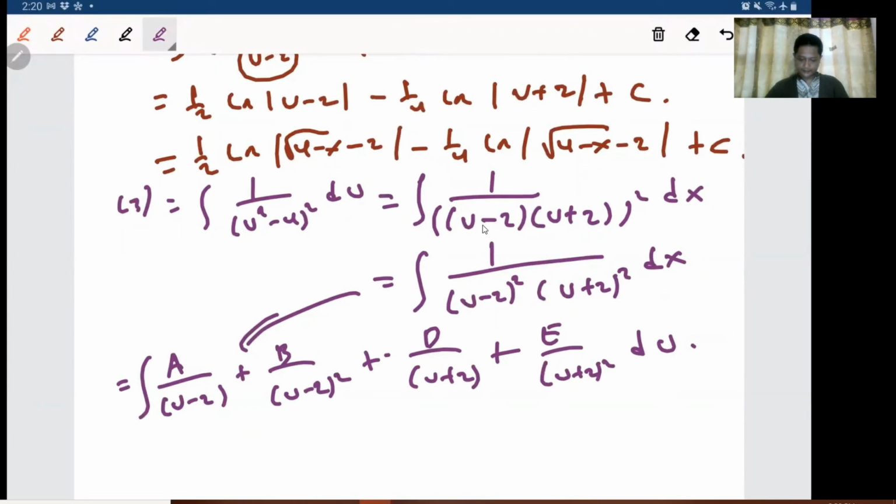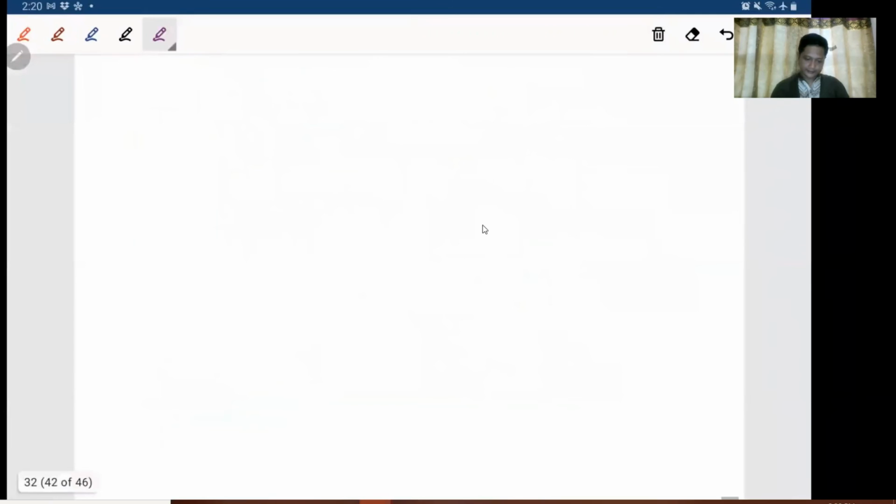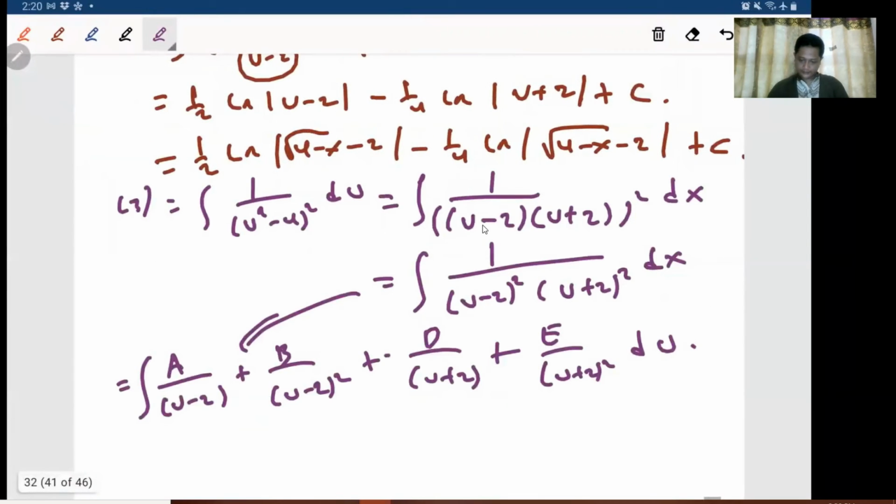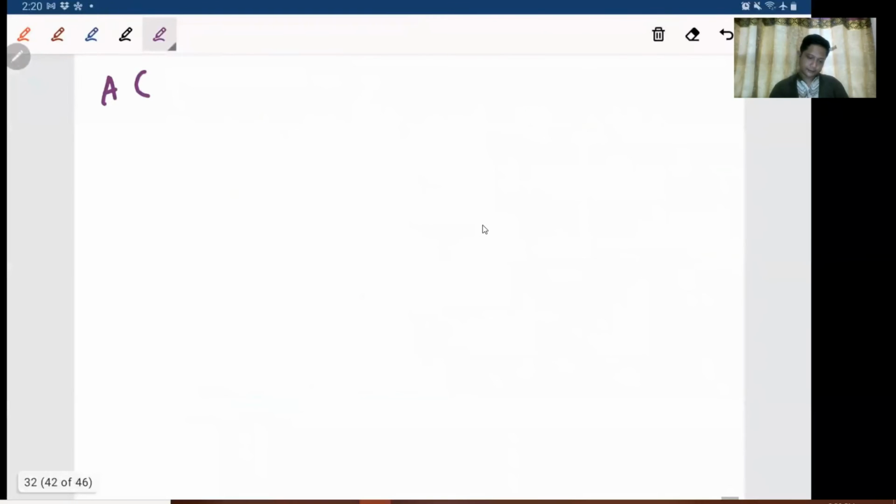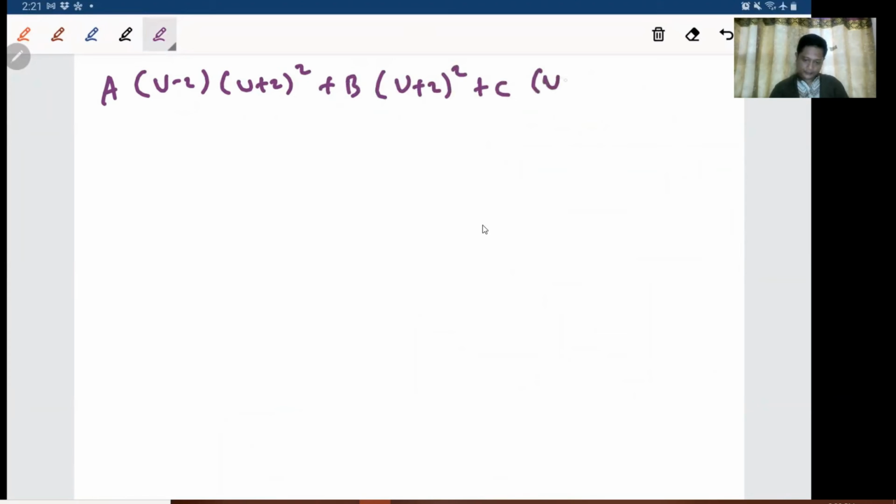Yeah, it should be. Because why? I don't like it. A times what? I already have u minus 2, so I lack u minus 2 times u plus 2 squared. So I should multiply it by u minus 2 times u plus 2 squared. And how about B? B only needs u plus 2 squared. And how about C? C needs u plus 2 times u minus 2 squared.